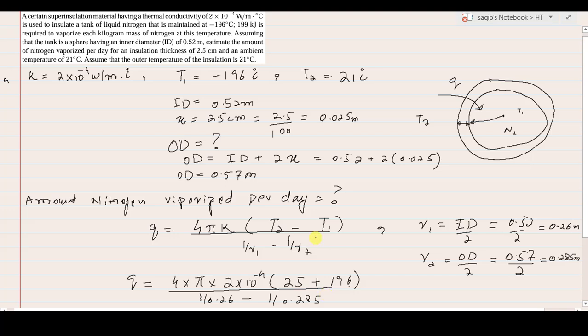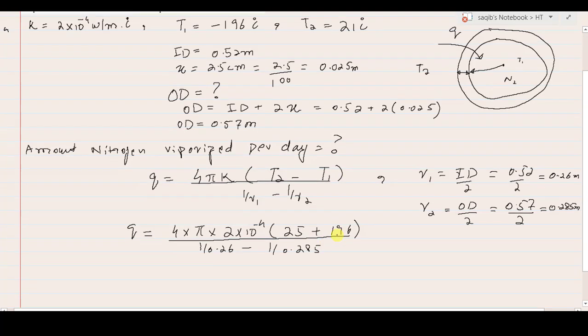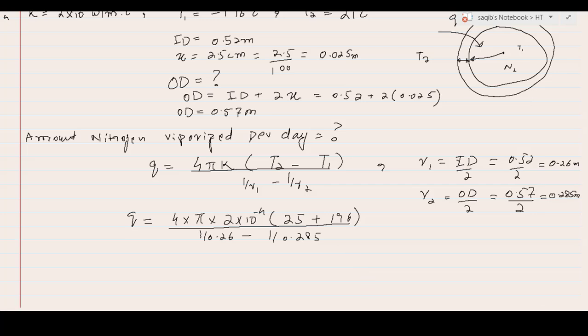Let me calculate it on the calculator. After solving this on the calculator, you will get the heat transfer as 1.617 watt.